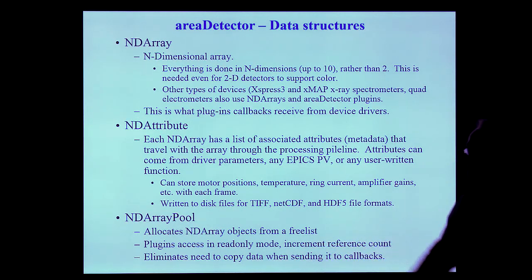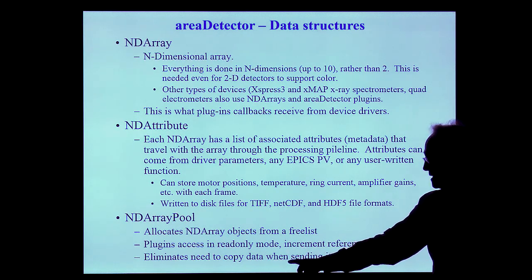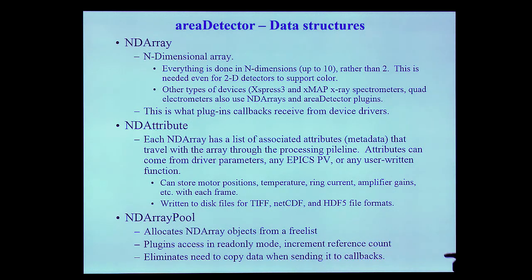And the plugins access these ND arrays in a read-only mode, because multiple plugins can be working on the same array at once. So you can't be modifying it. If the plugin needs to modify it, then it needs to make a copy. But if it doesn't need to modify it, there's no copying of the data going on, just a pointer.